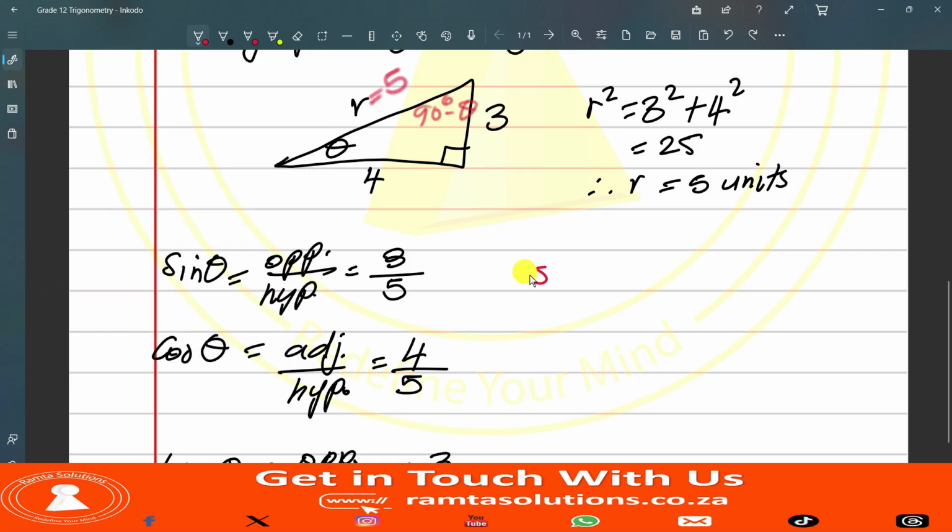So what if now we're saying sine of 90 degrees minus theta without using co-ratios? Which side is opposite it? It is 4, isn't it? So this one will be 4. The hypotenuse is still 5.